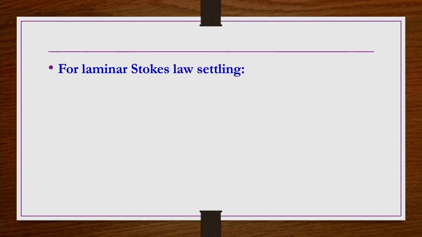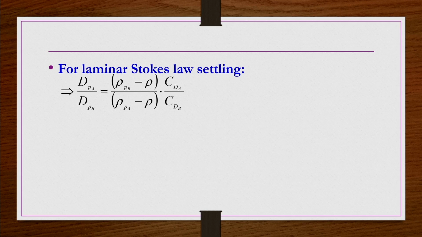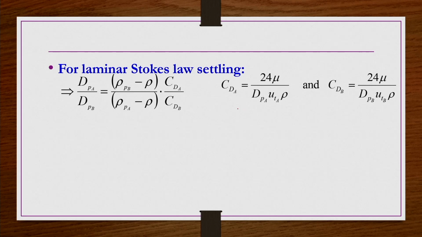Similarly, for laminar Stokes settling velocity, we know that CD is 24 by RE, or 24 mu by dp ut rho. So, for A it is 24 mu by dPA UTA rho, and this rho is the density of the liquid, it is not for the solid. So, you cannot have a rho A kind of thing here, it is for the liquid.